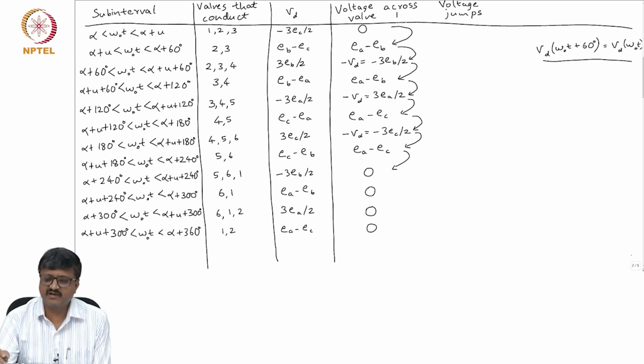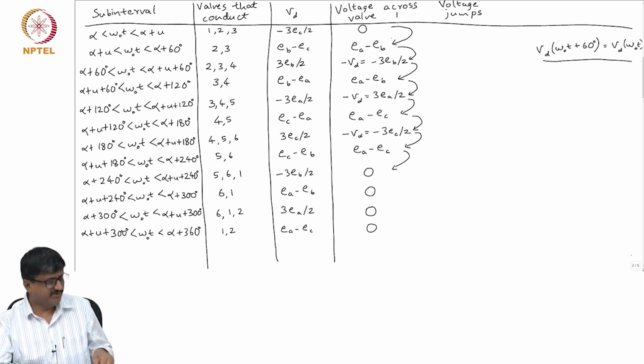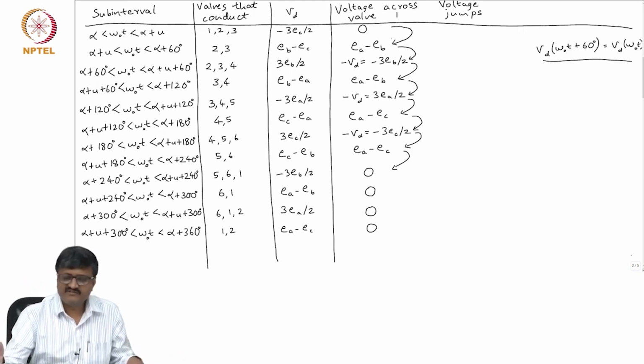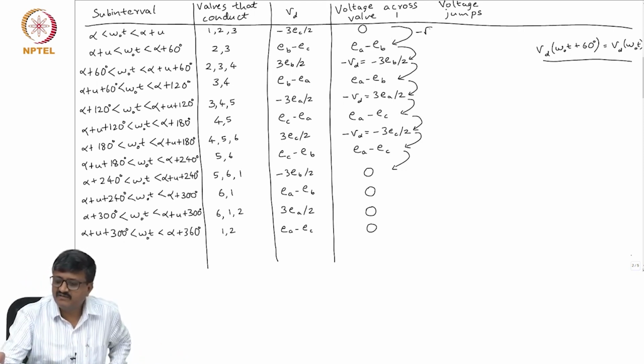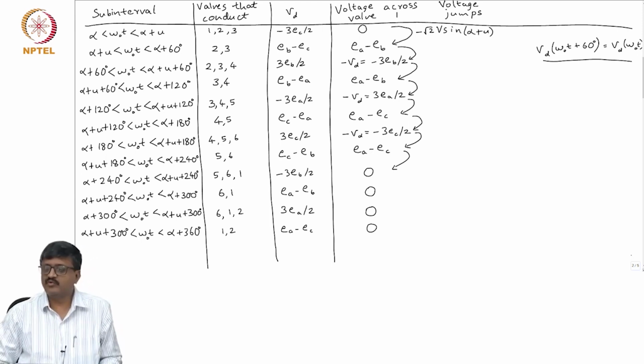You have to just substitute alpha plus u for omega o T in the expression for E A minus E B. I will leave it to you to show that this is minus root 2 V sin alpha plus u.